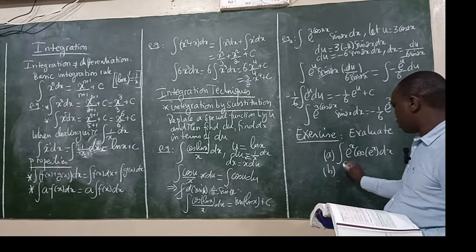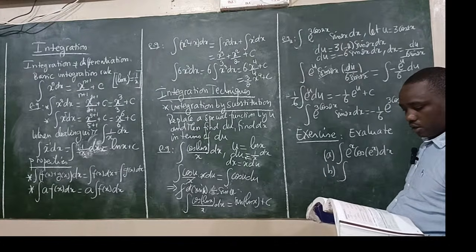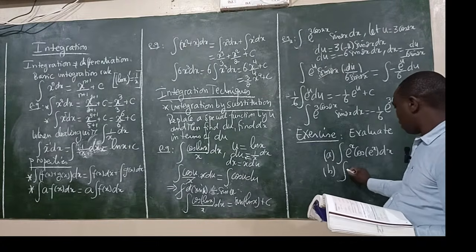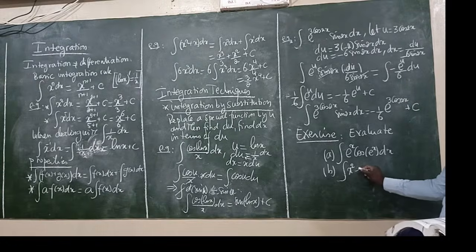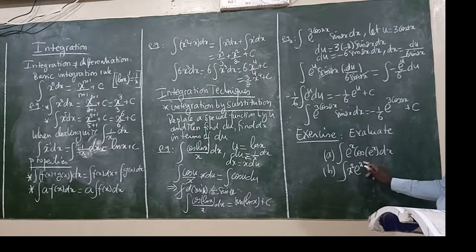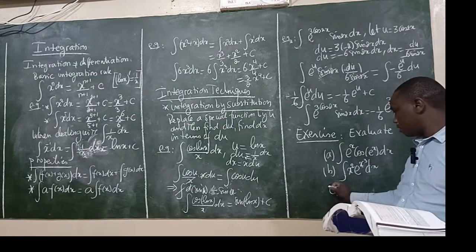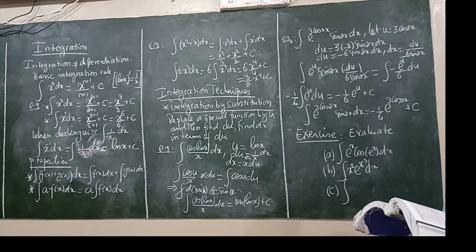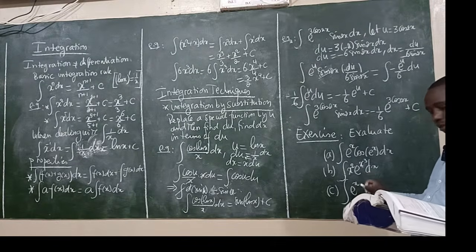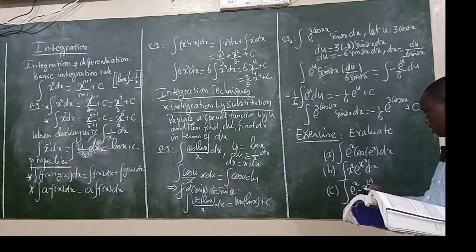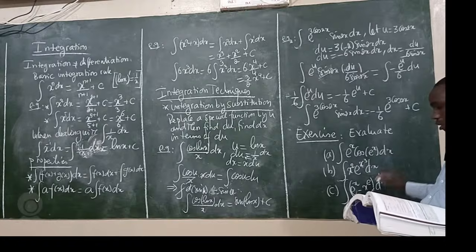B will be the integral of x squared exponential x to the power 3 dx. The next one, C, will be the integral of e to the x minus x to the power of e dx.